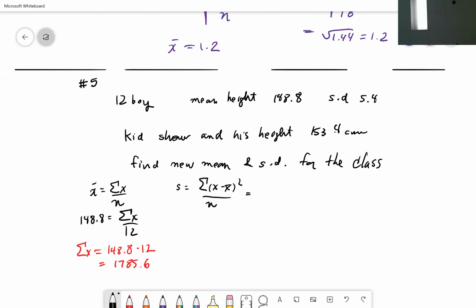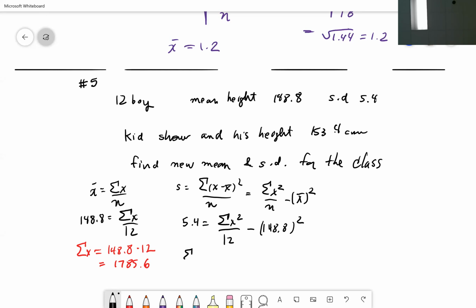Actually, let's use this one better: the sum of x squared divided by n minus x bar squared. This one's probably better because we can figure out the sum of x squared. So 5.4 equals the sum of x squared, which I don't know, divided by 12 minus the mean, which was given as 148.8 squared.